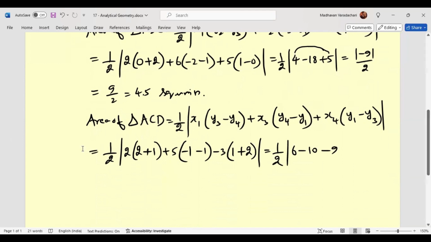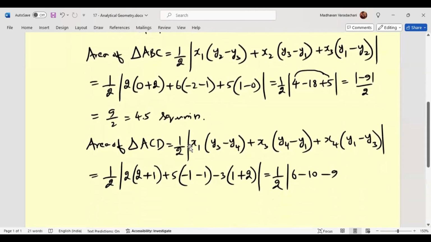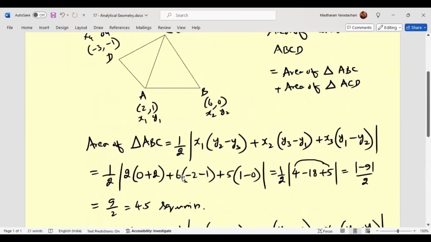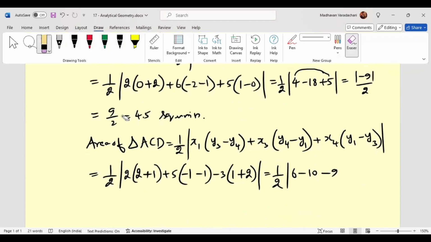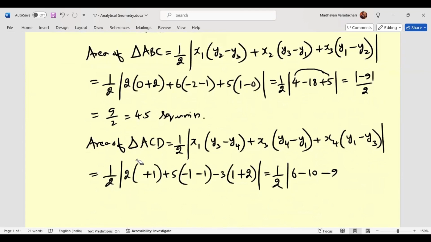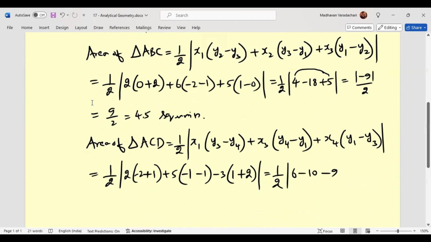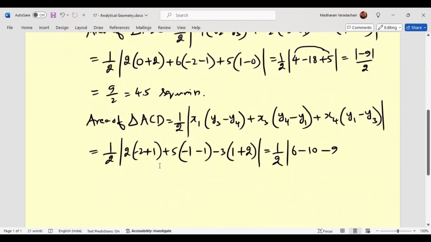Let us recheck this. x1 is 2, y3 is -2. So sorry, here it becomes -2. And then y4 is -1, so it becomes +1.